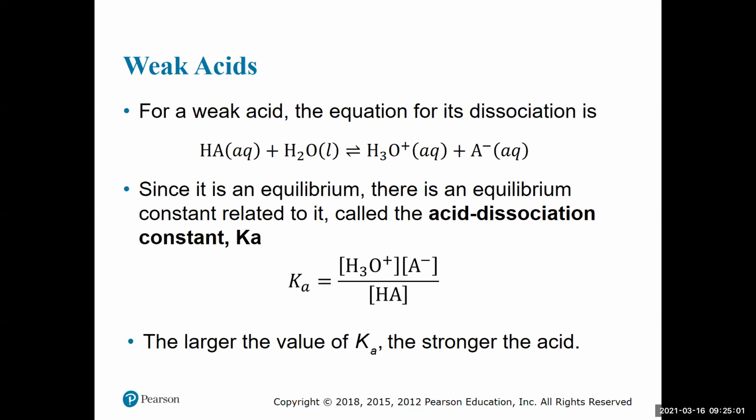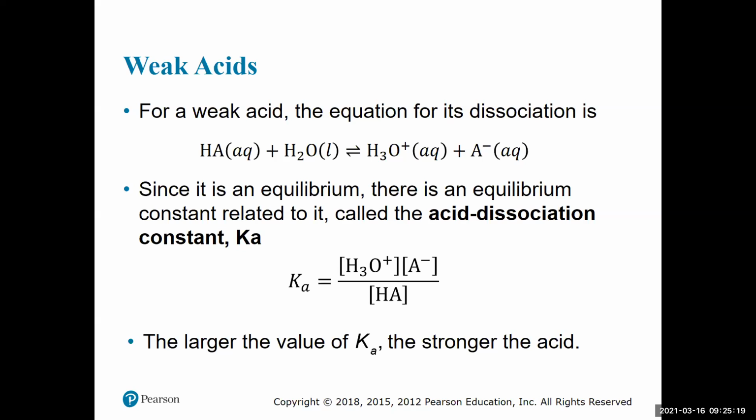When we talk about weak acids and weak bases, that's where that equilibrium constant really comes into play. Because in those cases, it doesn't all go, for instance, for weak acids, it doesn't all go to protons.